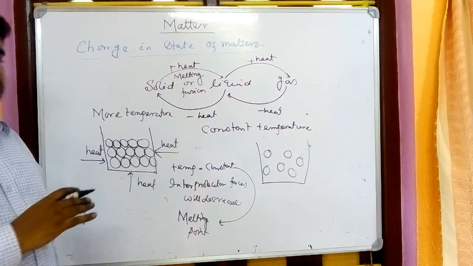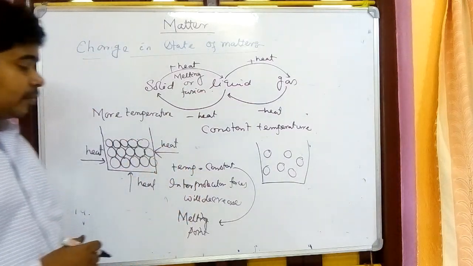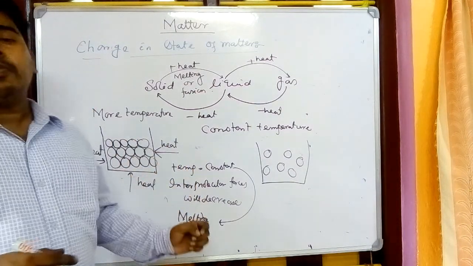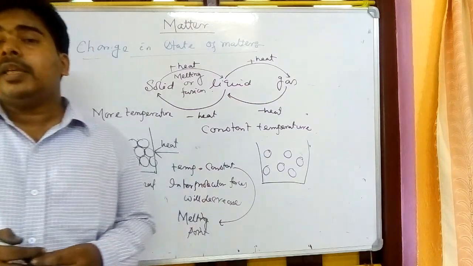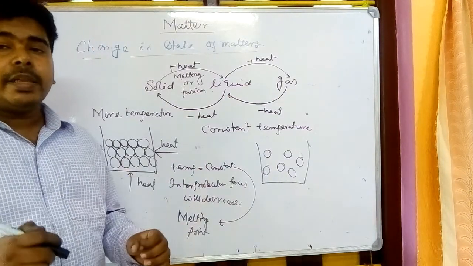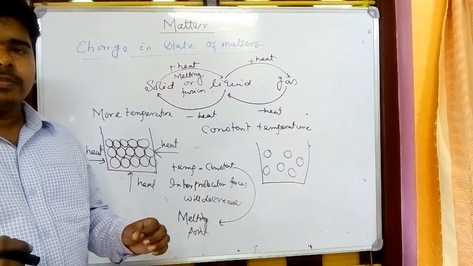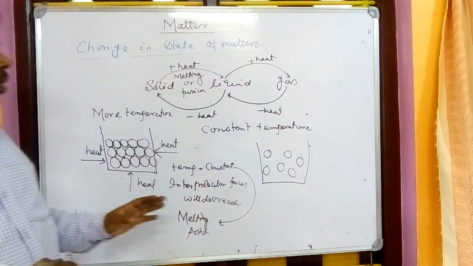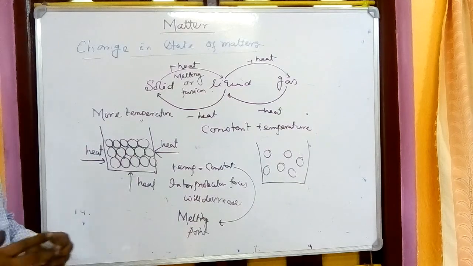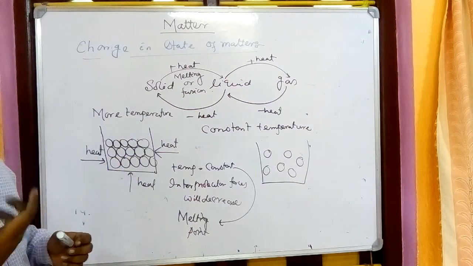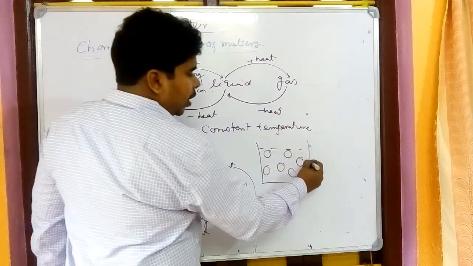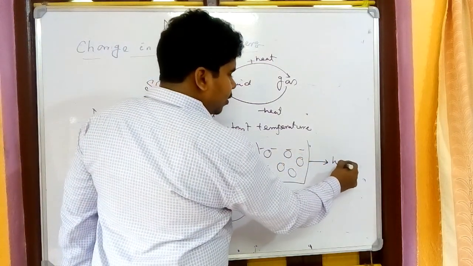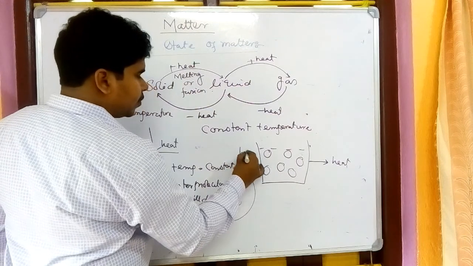The process is known as melting or fusion, and the constant temperature at which you gave the heat energy is known as the melting point. Clear? I think it is clear enough. If I do the reverse process, what is the reverse process? Assume it is liquid, and I take heat from it.